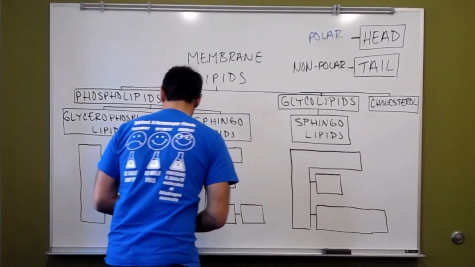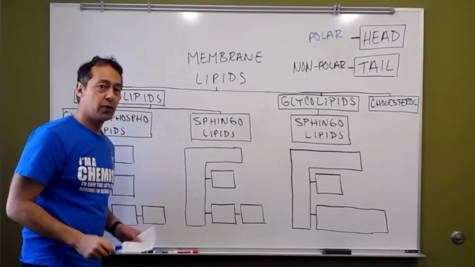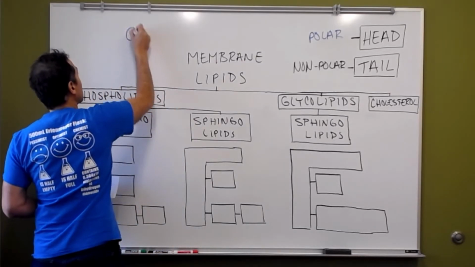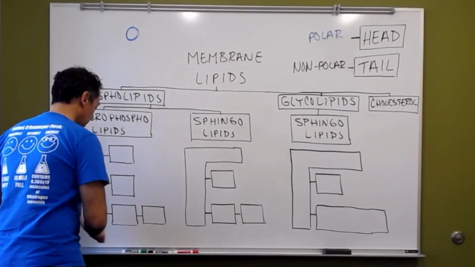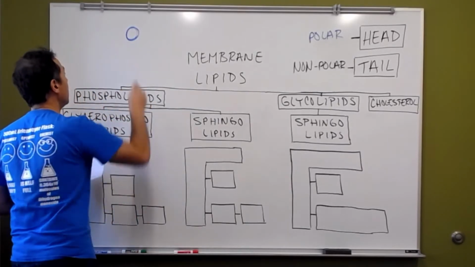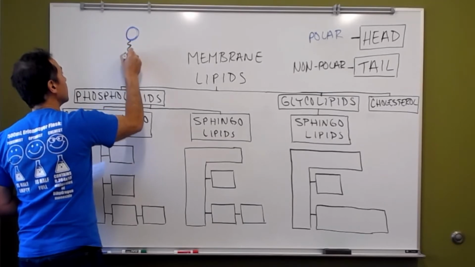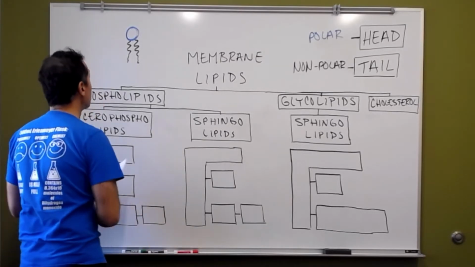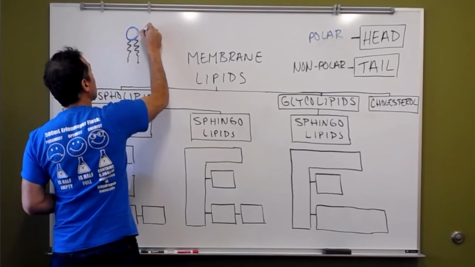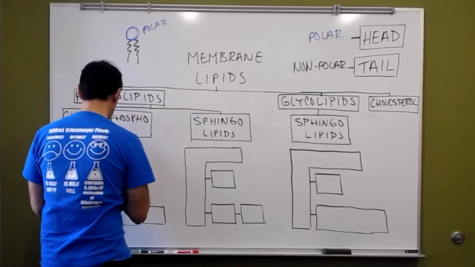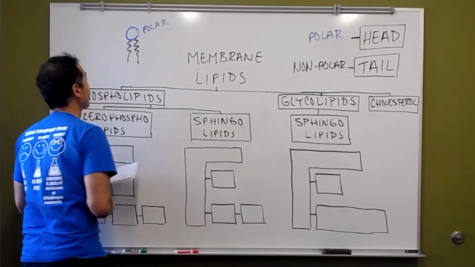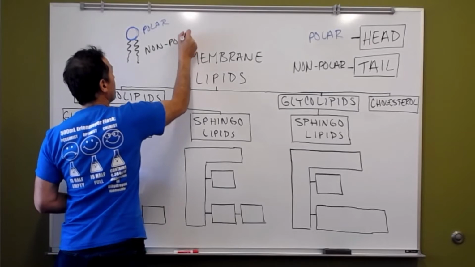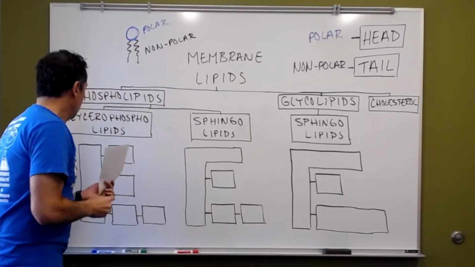So if we were to diagrammatically draw out one of these membrane lipids, we would have a polar head like this, and then two tails coming off of it, kind of zigzaggy lines like this. Okay, so then I'm just going to say up here polar and nonpolar.